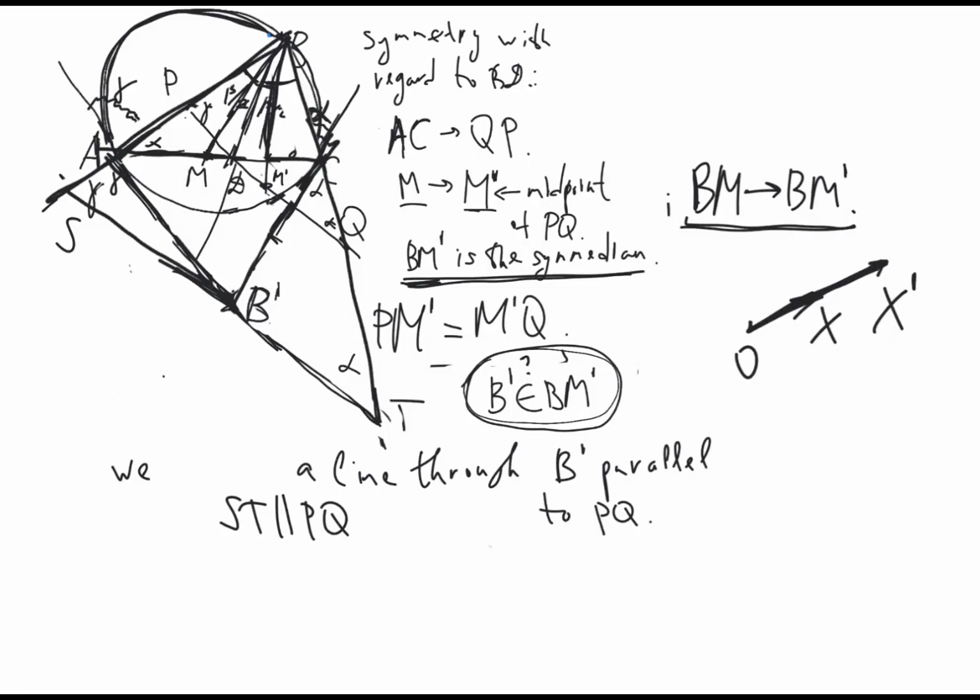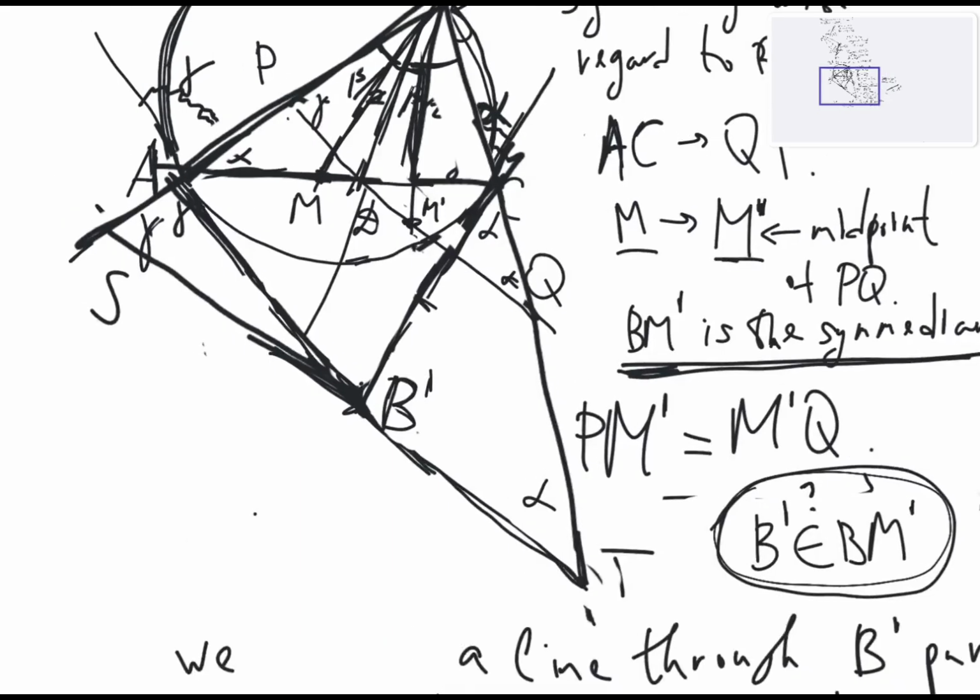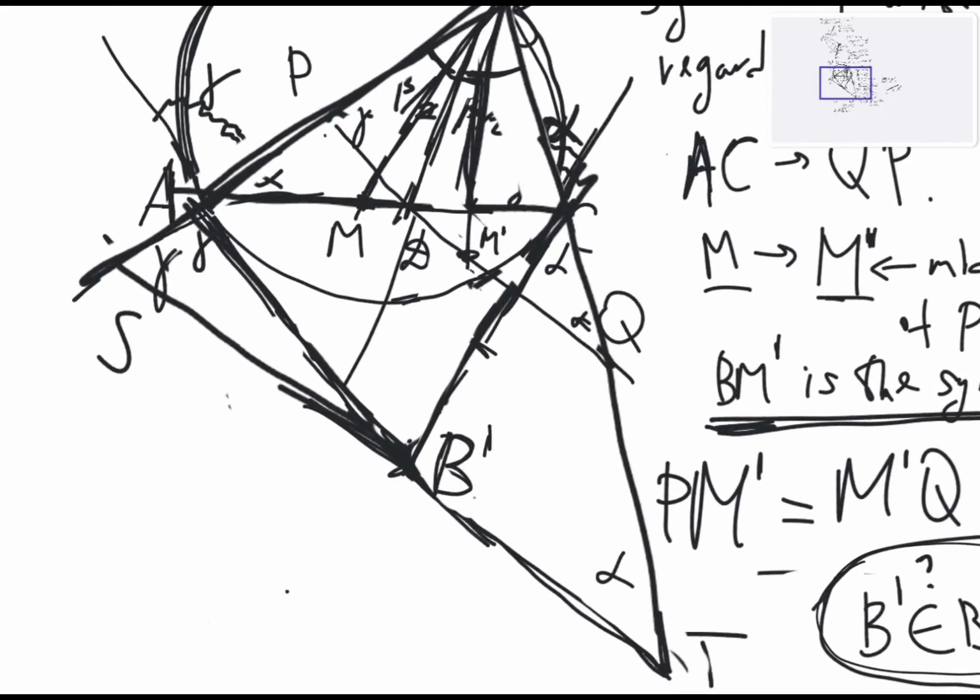Okay, let's continue the proof. Basically we established the equalities of some angles. In particular we noticed that there are two triangles with two equal angles. We have the triangle AB prime S. In this triangle we have two angles that are equal to gamma, right? ASB prime is equal to gamma, and SAB prime is equal to gamma.